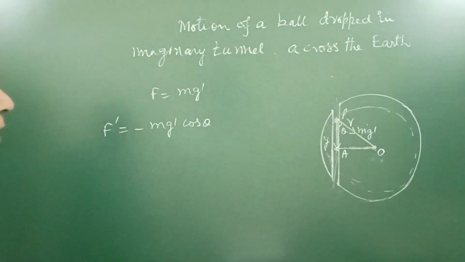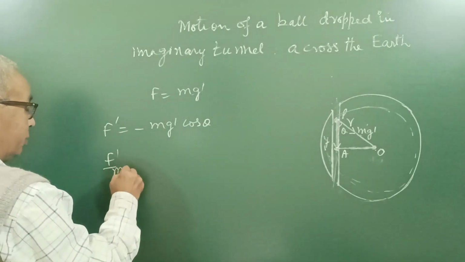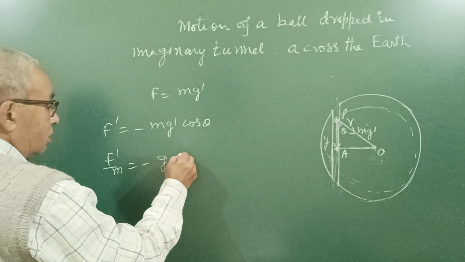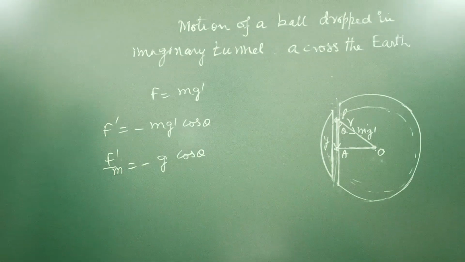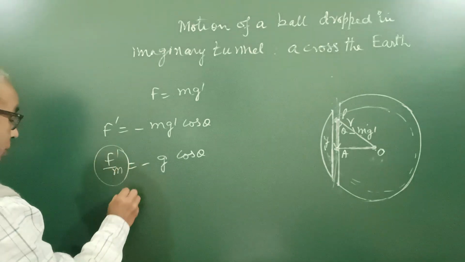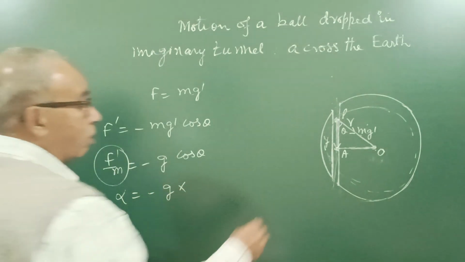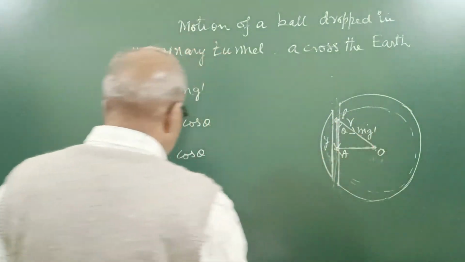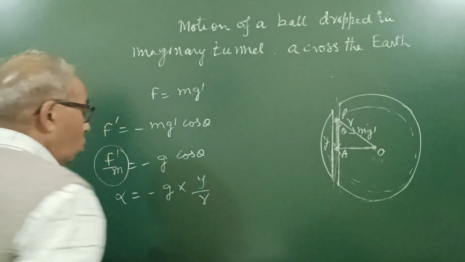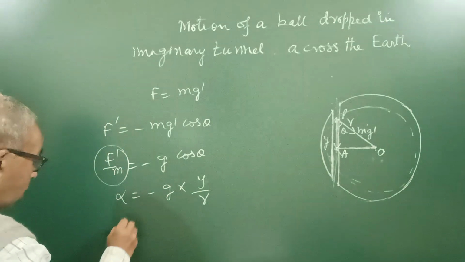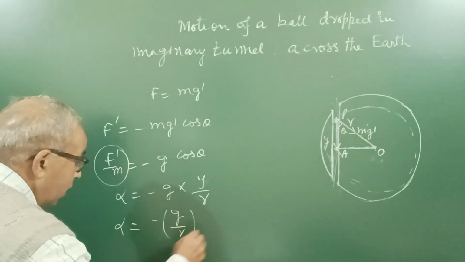It will act as the restoring force, so F upon m equals minus g dash cos theta. This is the acceleration alpha equals minus g dash cos theta, y upon r, or alpha equals minus g dash by r into y.